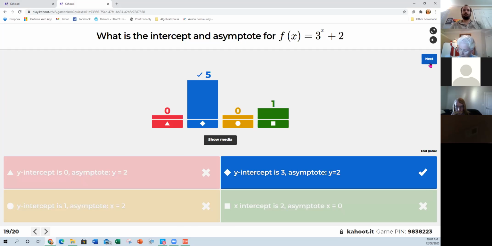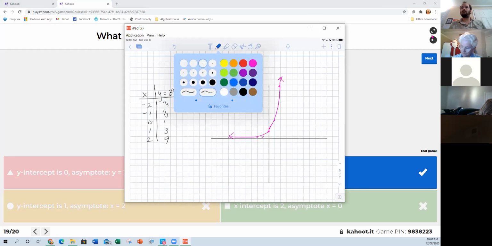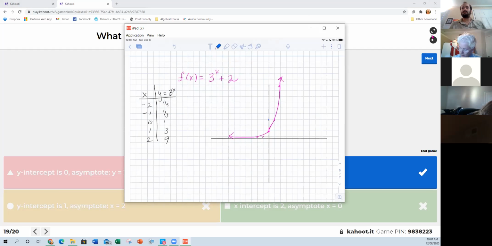Good. All right, so if you graph this, the parent function is just y equals 3 to the x. The y-intercept is 0, 1, and the horizontal asymptote is y equals 0. And then if you shift everything up by 2 units, the y-intercept would become 0, 3.